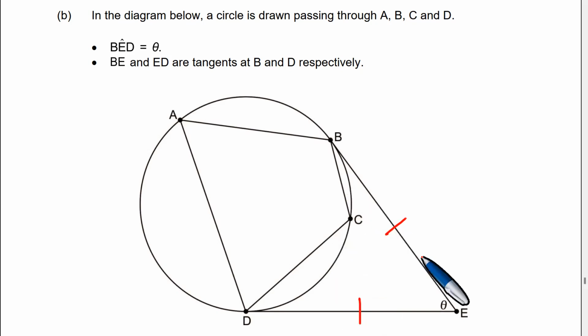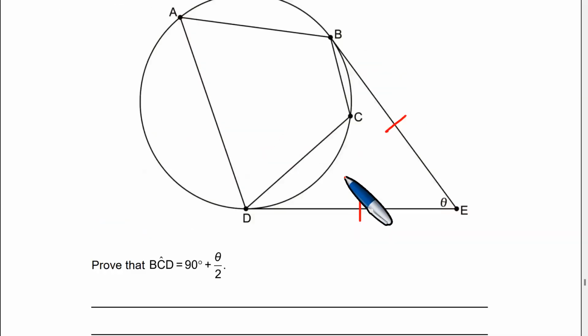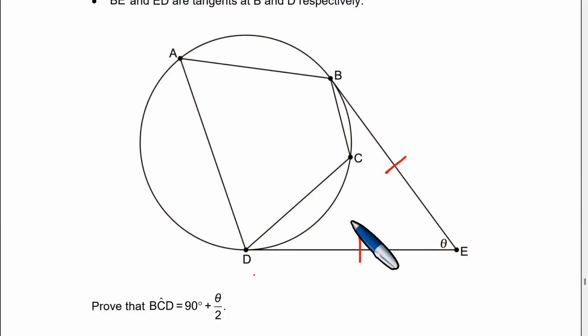You need to prove this one: prove that angle BCD is 90 degrees plus theta over 2.